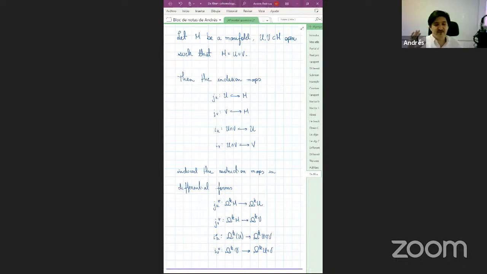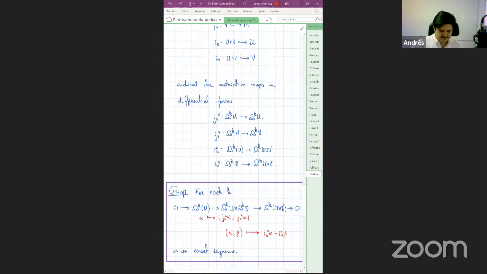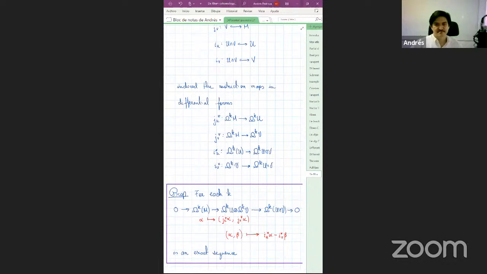Now, let's fix a degree k, and we will see that we have an exact sequence. So let's see what these maps are. I have a global differential form. I restrict to U and restrict to V. That's the first map.